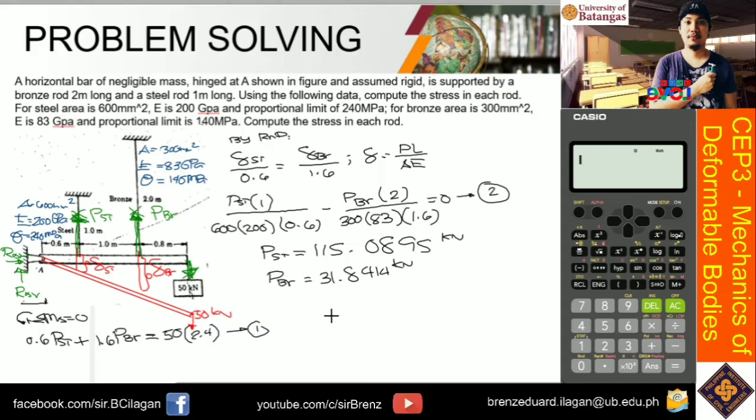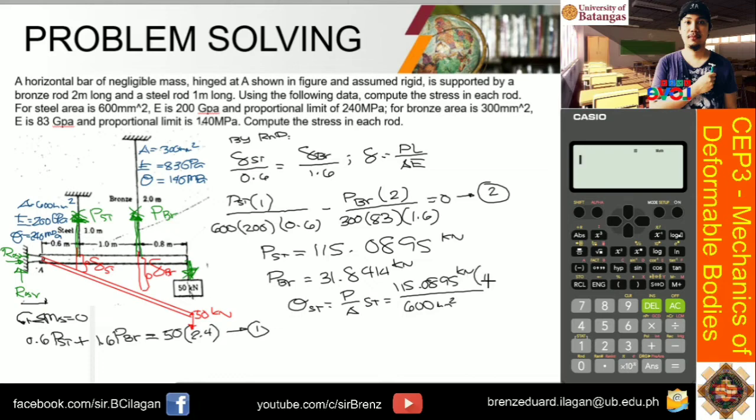So with that values, we can now solve for the stress in each rod. So let's start with the stress in steel. So again, ang walang kamatayang P over A for steel. So salpak mo lang to, si 115.0895 kilonewton over the area, which is given din naman to 600 millimeter squared.